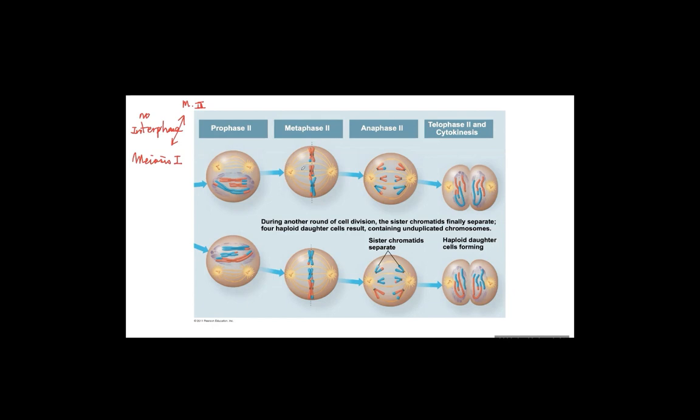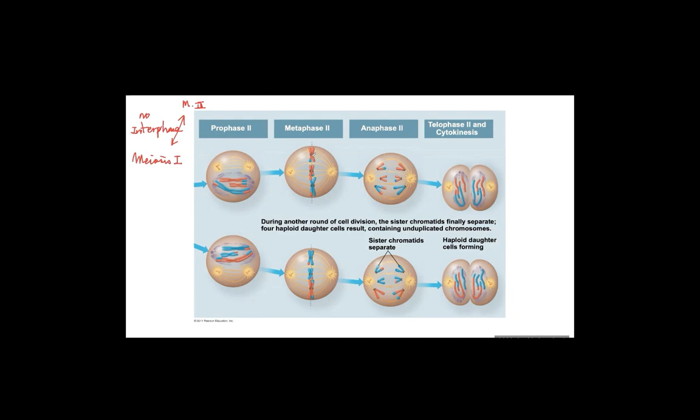On these sister chromatids, spindle microtubules try to attach. In metaphase 2, the chromosomes line up along the equator. The sister chromatids of each chromosome are attached to spindle microtubules by a kinetochore, and the microtubules lead to opposite poles. In anaphase 2, the chromatids separate into independent daughter chromosomes.